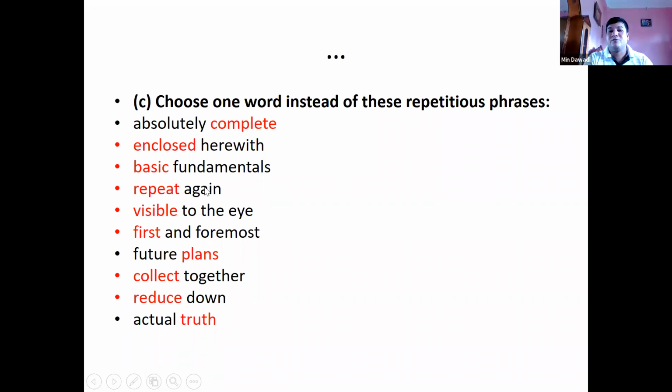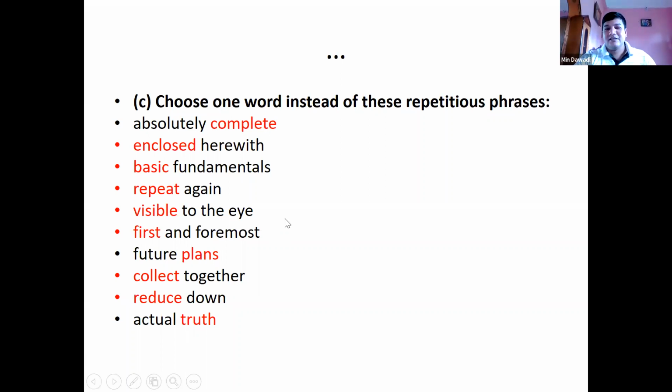If you don't understand later, you can say, sir, I couldn't understand the meaning of redundancy. Could you repeat it again? Could you repeat yesterday's teaching again? Again means repeat, and repeat means again. So just use repeat. No need to say repeat again.